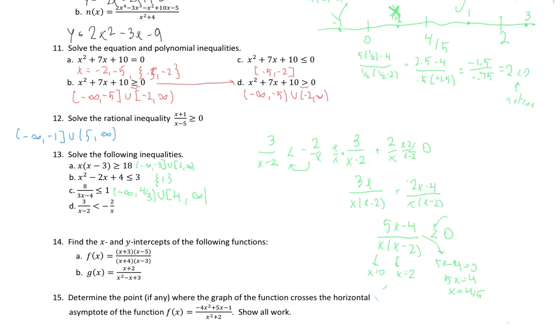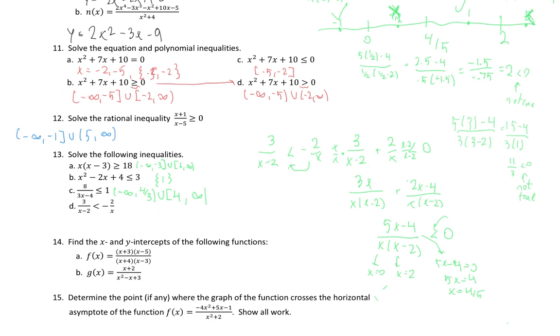And now for 3, I'll plug it in like down here. 5 times 3 minus 4 over 3 times 3 minus 2. That gives us 15 minus 4 over 3 times 1. 15 minus 4 is 11. 3 times 1 is 3. And that is not true.